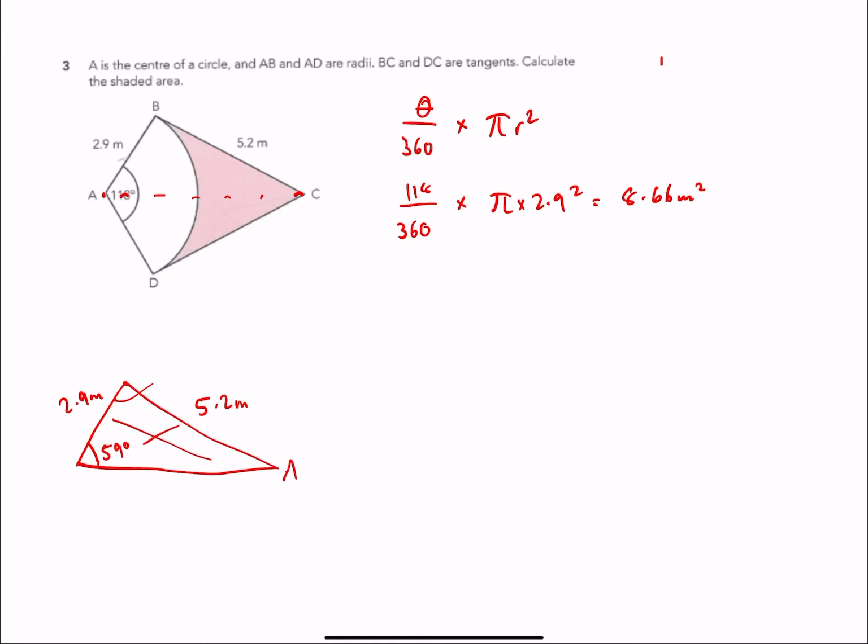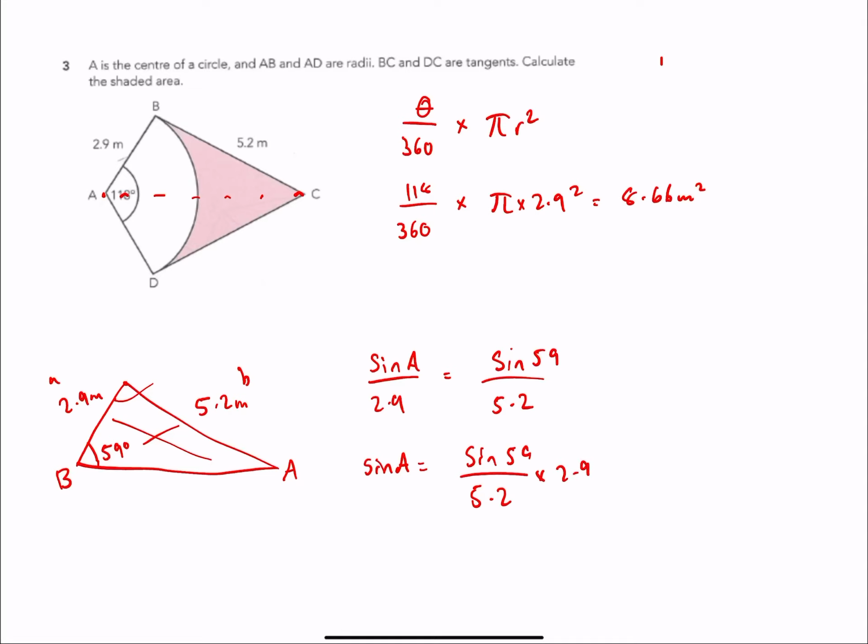Let's call this angle A. So sine A over 2.9 equals sine 59 over 5.2. So sine A is sine 59 over 5.2 times 2.9. So A is the inverse sine of all of that.